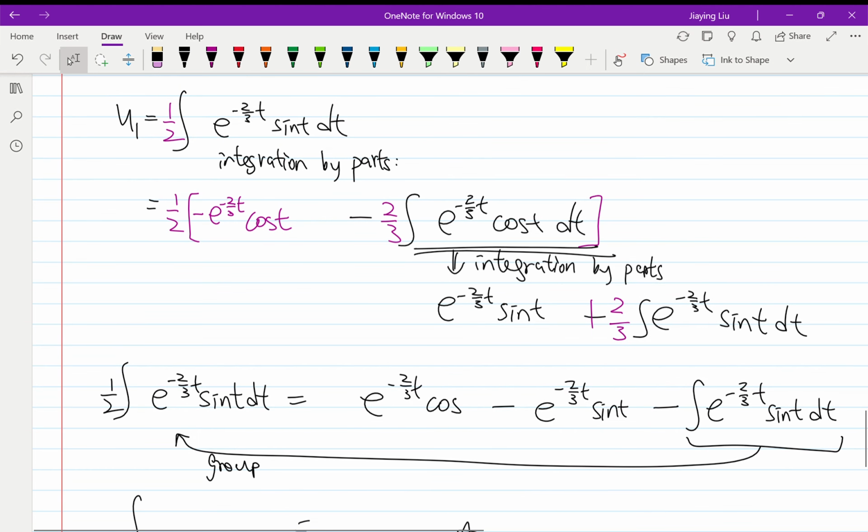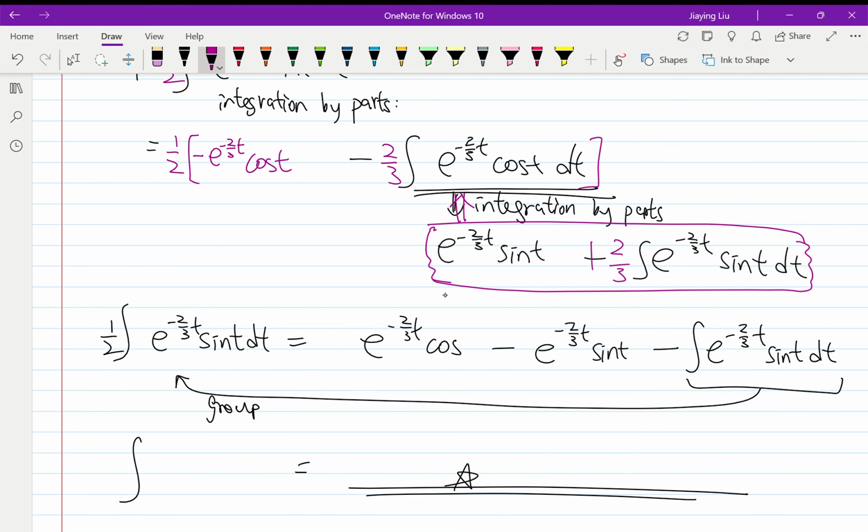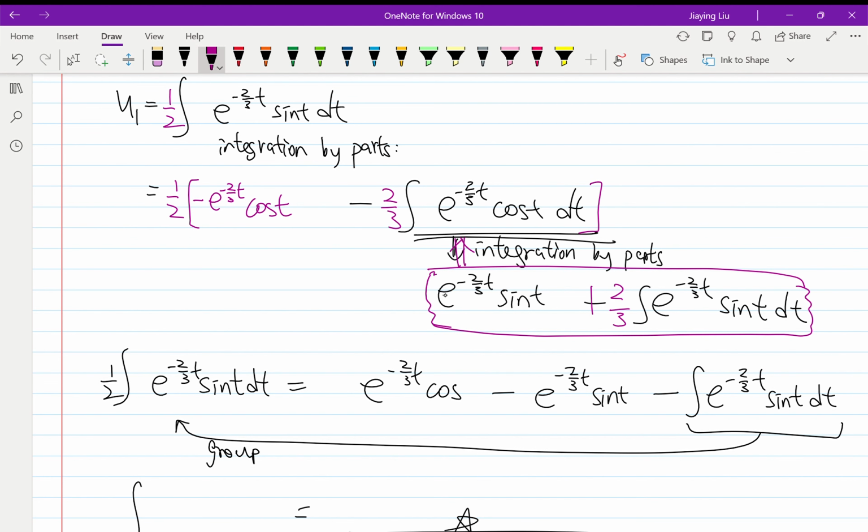So at the end, if we take this and this, put it into this integral part right here, and write it as one equation, we end up with 1/2, the one we're looking for, 1/2 e to the negative 2 over 3t sine t dt is equal to 1/2 times negative e to the negative 2 over 3t cosine t minus 2 over 3 e to the negative 2 over 3t sine t plus, sorry, I'm just still waving my hands. So that's what we have.